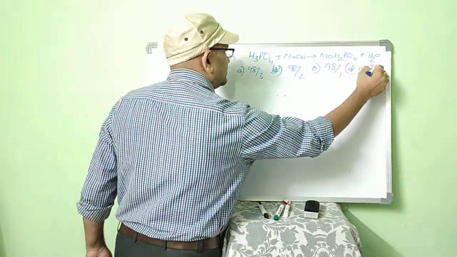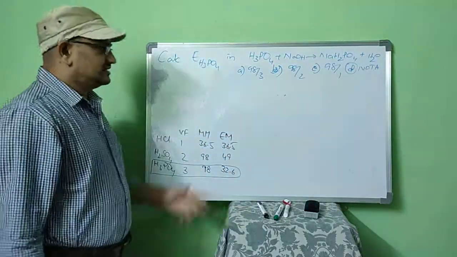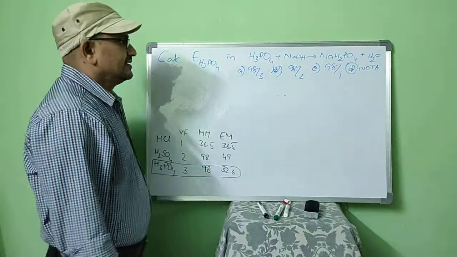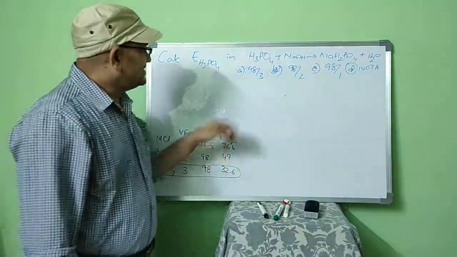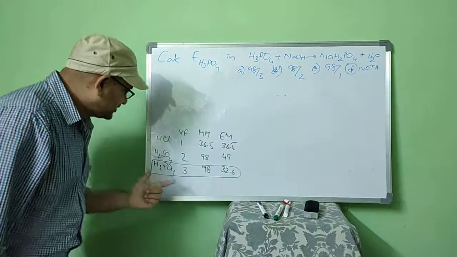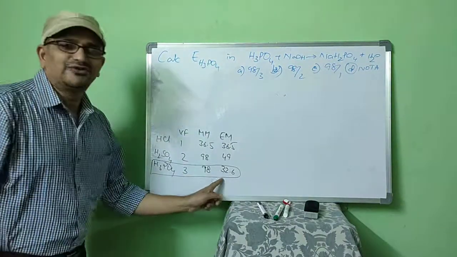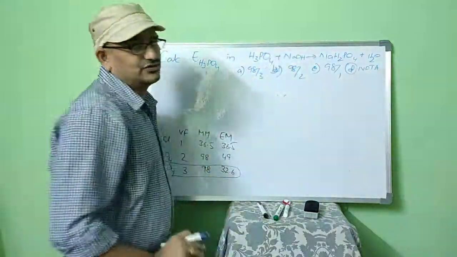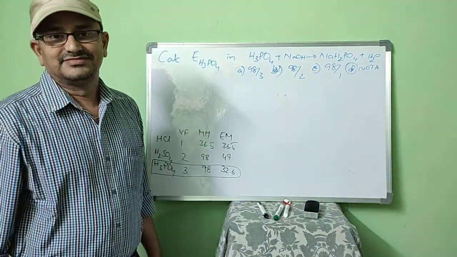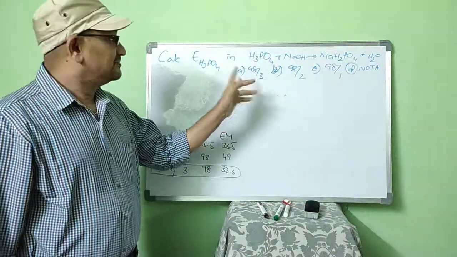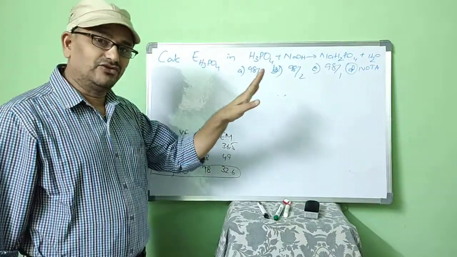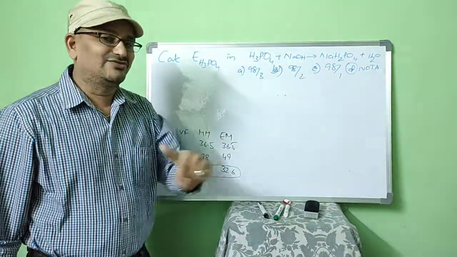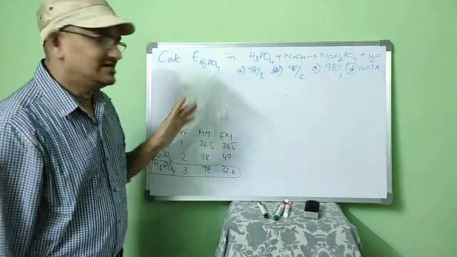Every student has learned 98 by 3, 32.6, and will remember that point only. So immediately they will mark this and lose marks. Not just 4 marks, there is also negative marking of minus 1, so totally 5 marks they lose. So don't be in a hurry.